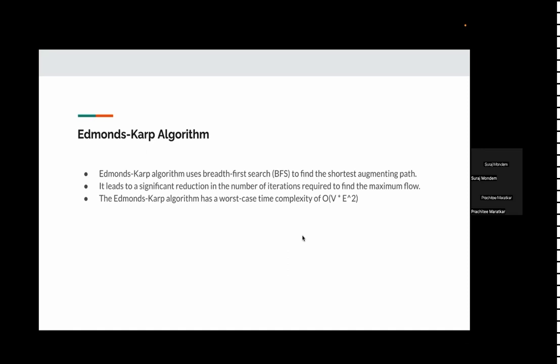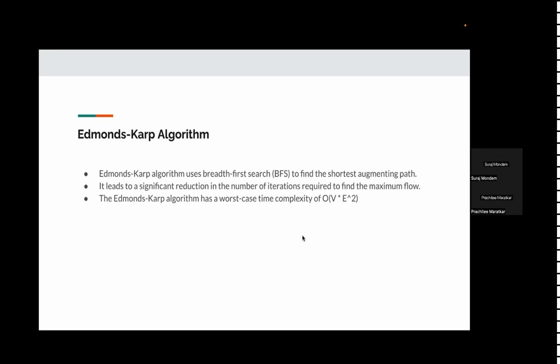This ensures that the algorithm always finds the shortest path from source to sink in terms of number of edges. Using a breadth-first search also means that the algorithm processes the vertices in the sequence of their proximity from the source, which leads to a significant reduction in the number of iterations required to find the maximum flow.